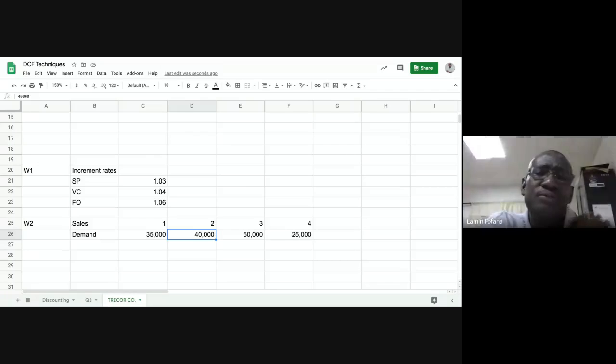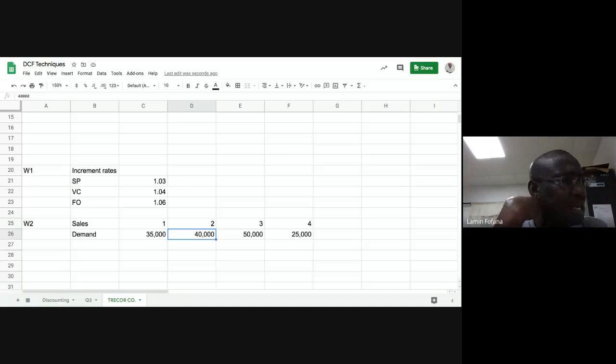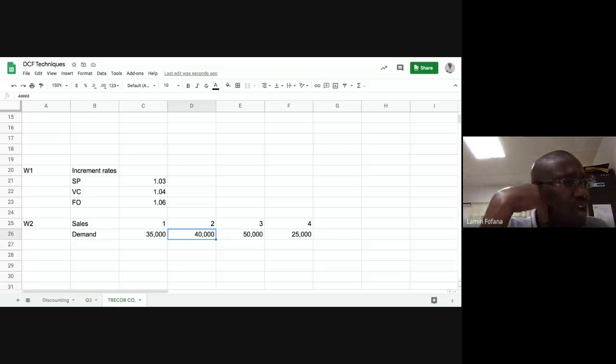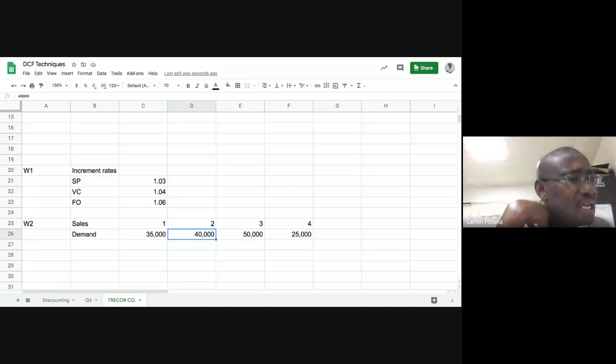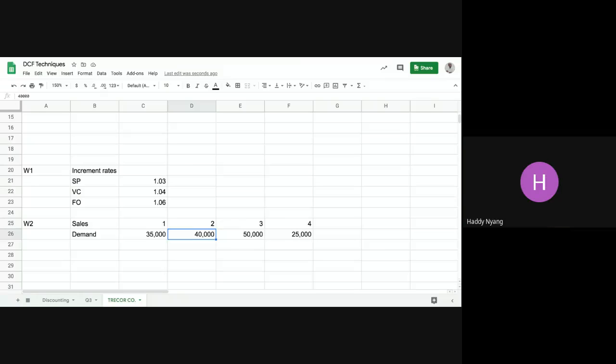And this $12, is it referring to year one? Is it the selling price in year one or year two, or is it referring to the selling price now? It's the selling price now. Exactly. And then each year it will increase by 3%. In fact, it has been said in the question: selling price and costs are all in current price terms.